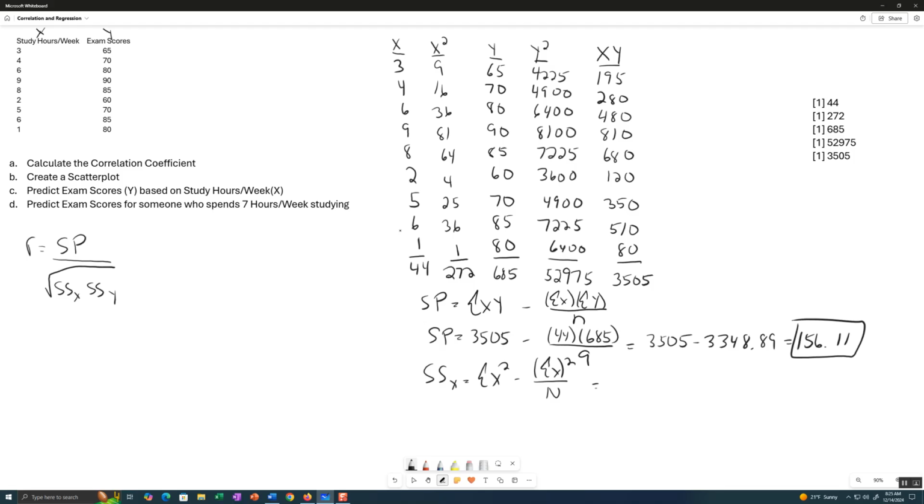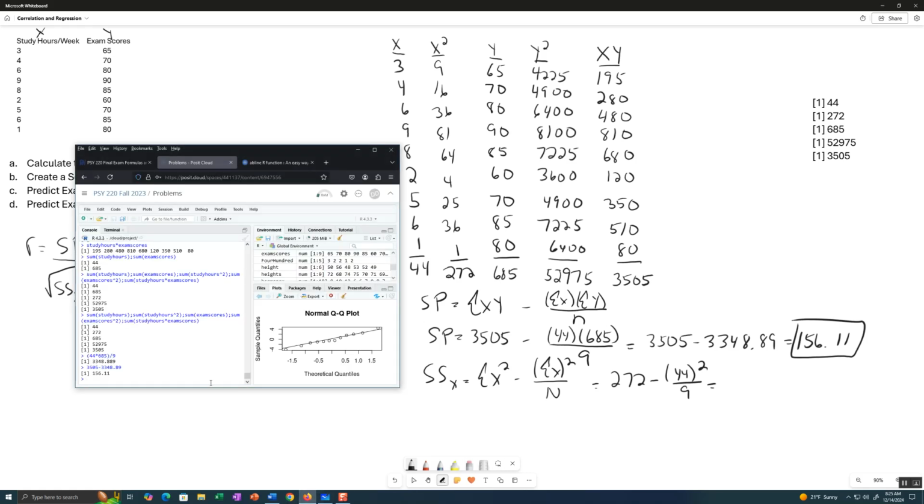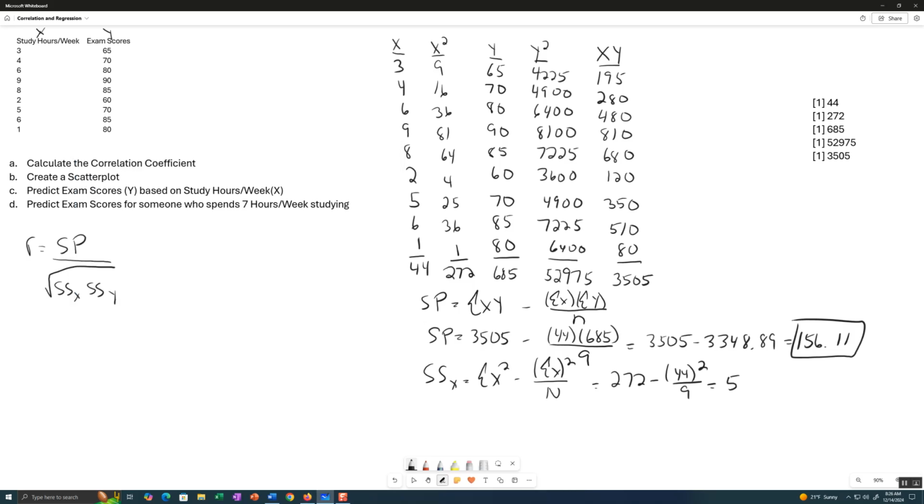So that's going to be 272 minus 44 squared over 9. 44 squared over 9 is 215. 272 minus that value. Let's just solve it. 56.89. That's sum of squares of x.